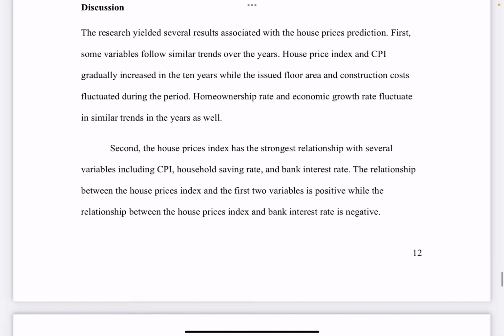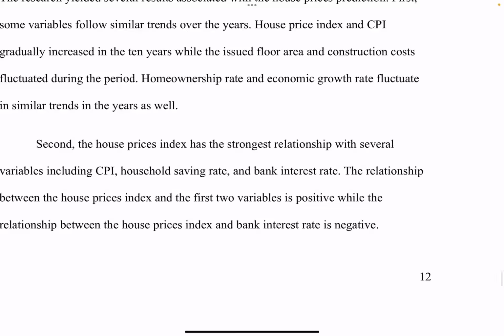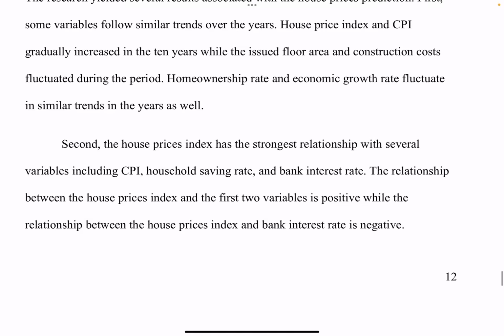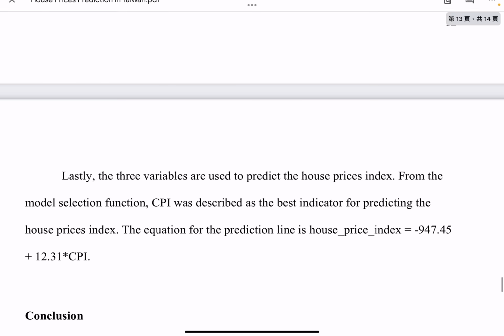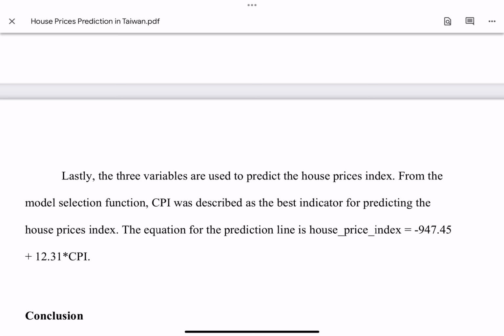And we found that the CPI, household saving rate, and bank interest rate have the strongest relationship with the house price index. And at last, we use linear model to predict the house price index, and we found that using the model selection, the CPI is the best model for predicting the house prices.